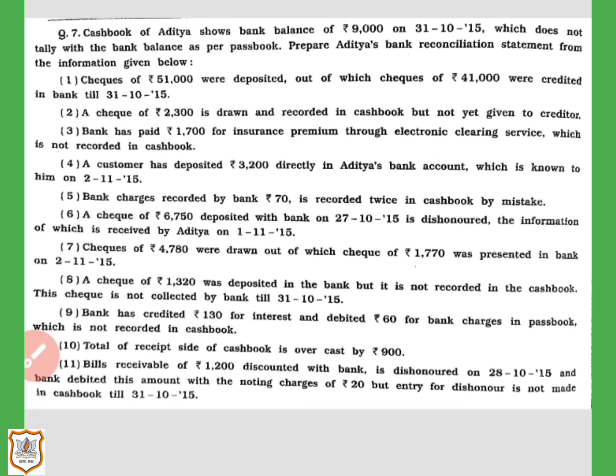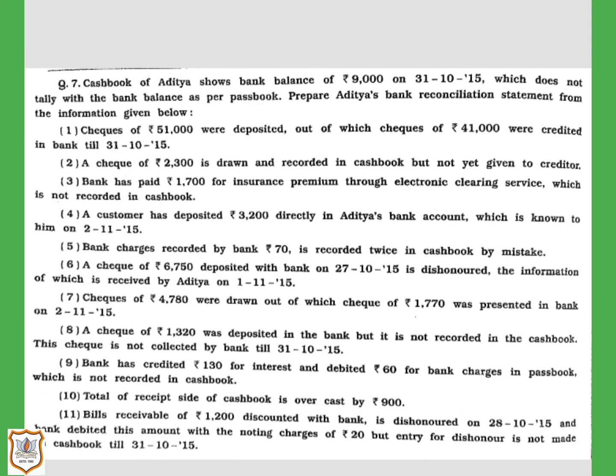Now let us move to the next information number 11. Bills receivable of rupees 1,200 discounted with bank is dishonored on 28th October 2015 and the bank debited this amount with the noting charges of rupees 20, but the entry for dishonor is not made in cash book till 31st October 2015. Here the bank debits the trader's account as soon as the discounted bills receivable is dishonored, whereas this transaction is not recorded on the credit side of cash book in bank column till 31st October 2015.